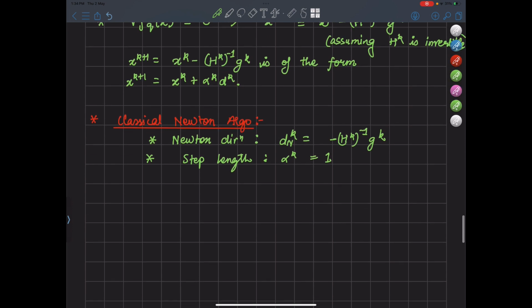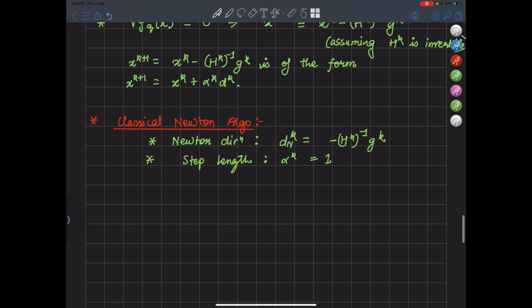The first question that naturally comes to mind is the direction that we are looking at, the Newton direction. Is it a descent direction? So the question is whether dNk is a descent direction.